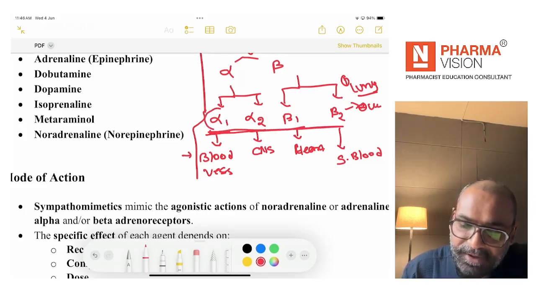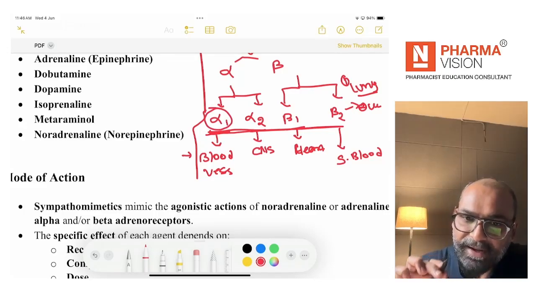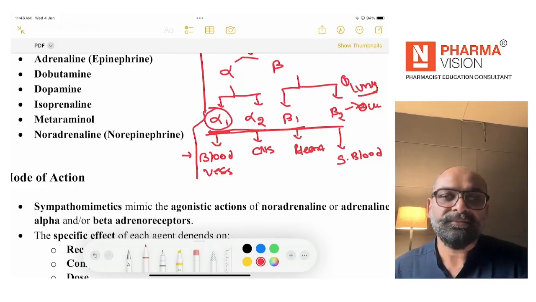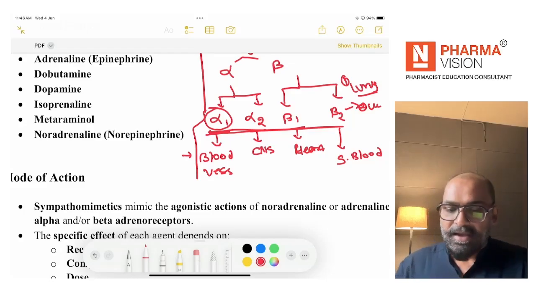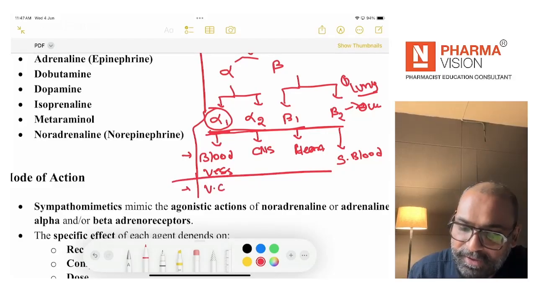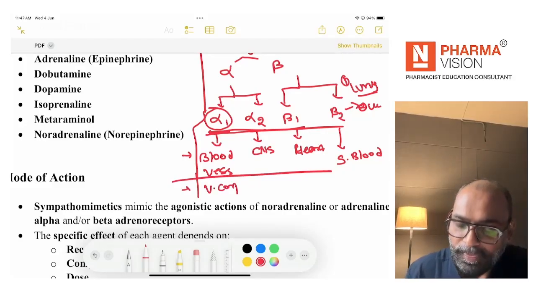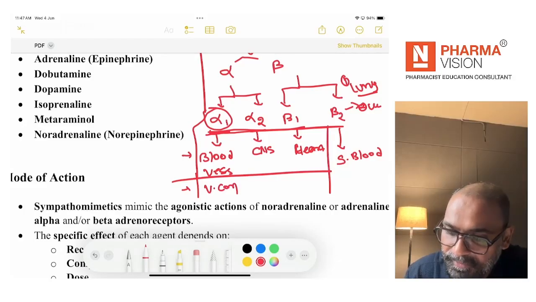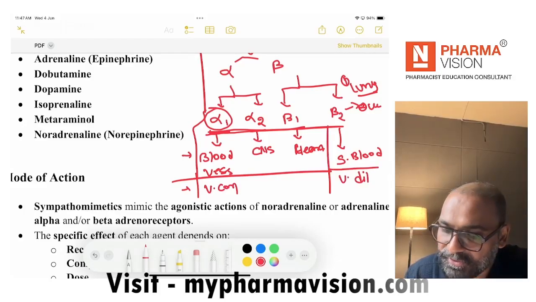Sympathomimetics that act on the alpha 1 receptor cause vasoconstriction, but at the same time, in skeletal muscles they cause vasodilation.